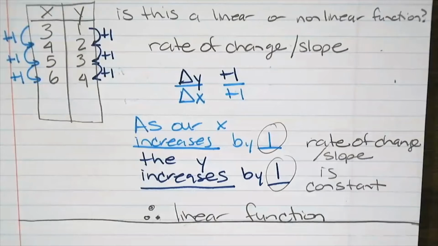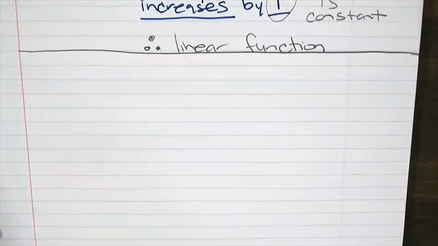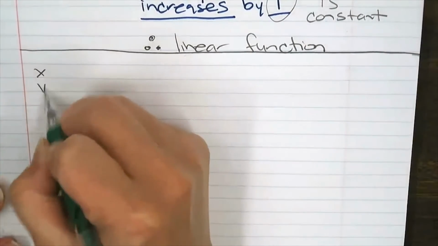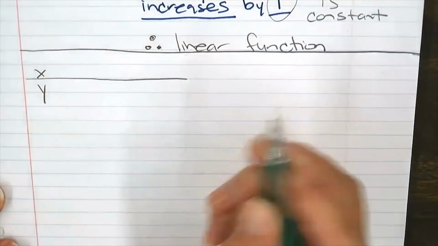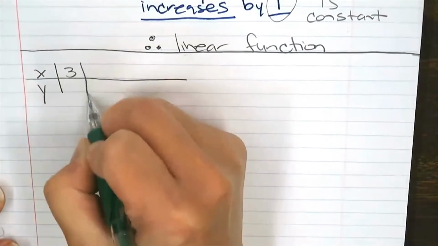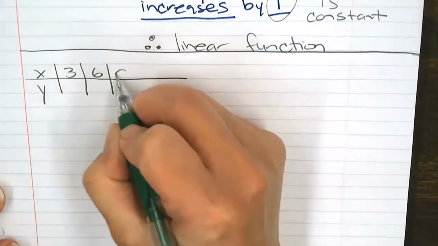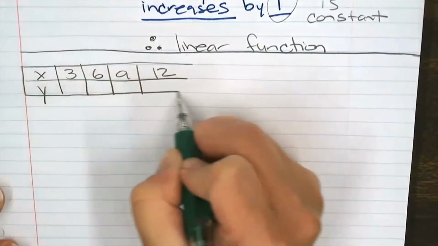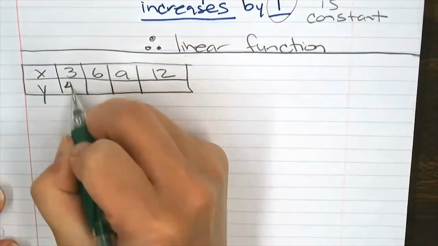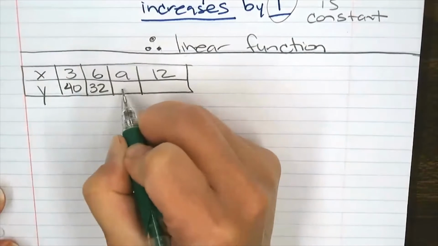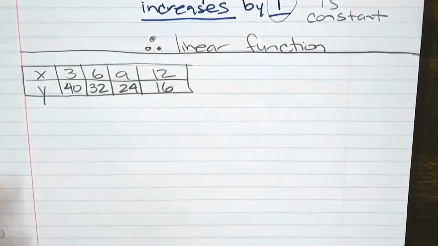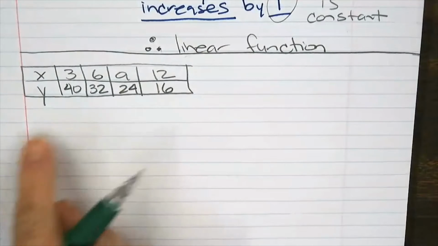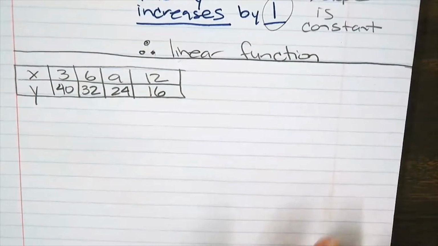Okay, let's do another example. This time we have a horizontal table. This time we have a horizontal table, and this is a function.